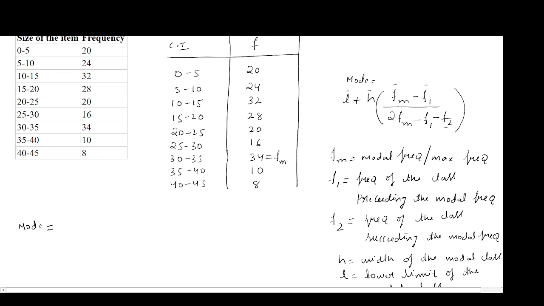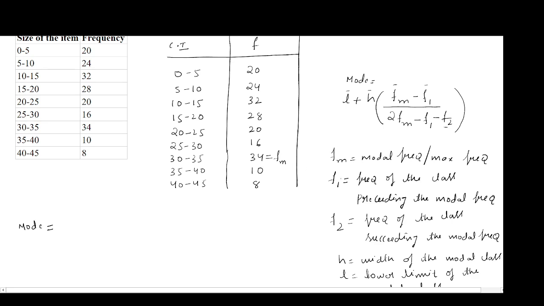So that 34 becomes the Fm, that is modal frequency or maximum frequency. So first observe the frequency values and identify the number which is maximum. So here 34 is the bigger number, so that becomes your Fm value.